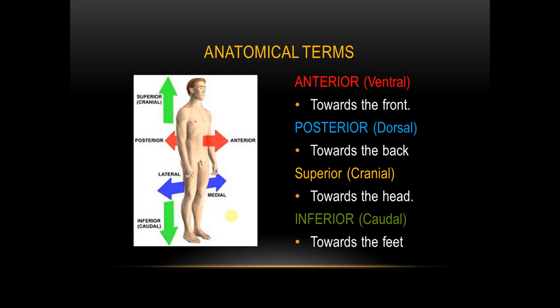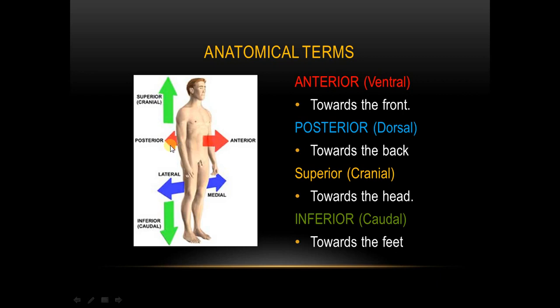So the first term is anterior. Anterior means towards the front, and synonymously you can use ventral. Ventral or anterior explains that the structure is lying nearer to the front. The opposite of anterior is posterior or dorsal.